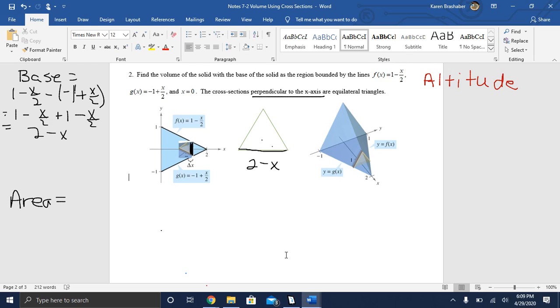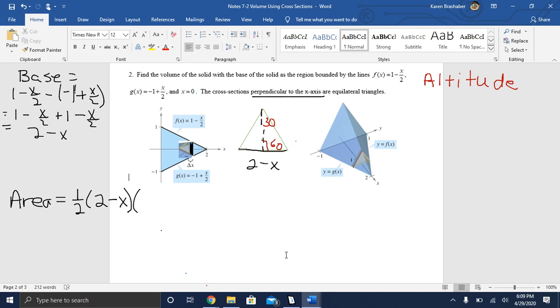Now the area of a triangle is 1/2 times the base, which we now have as 2 minus x, times the height. We're going to have to calculate the height by looking at this altitude of this triangle. We know since it's an equilateral triangle that each angle is 60 degrees. And so using that altitude, I've created a 30, 60, 90 right triangle.